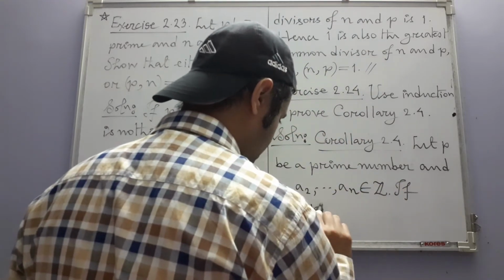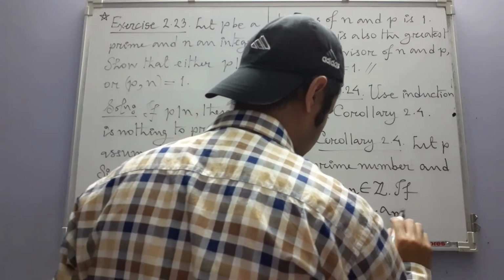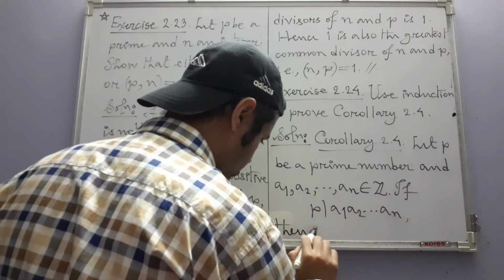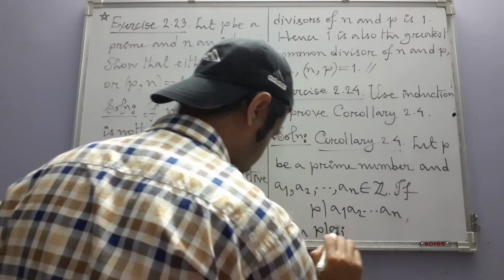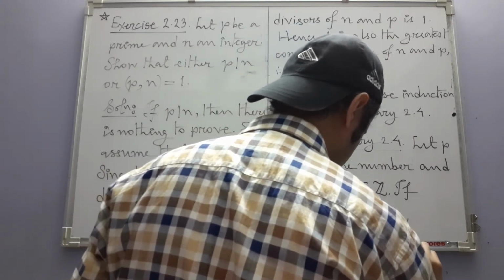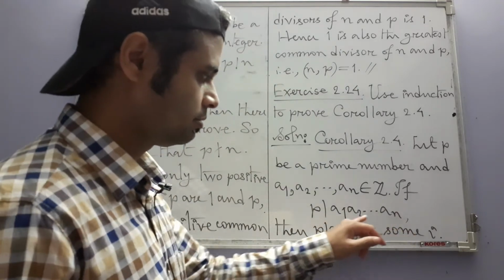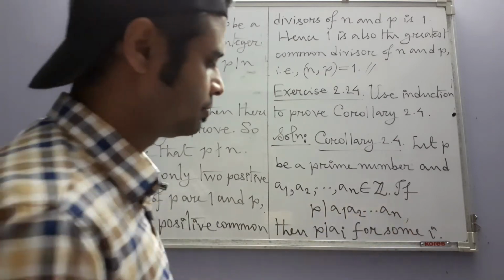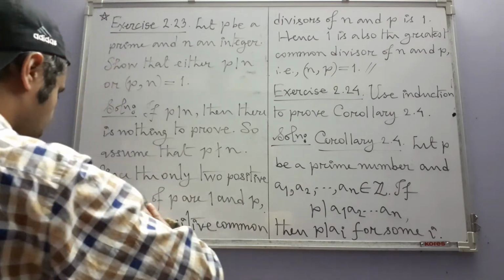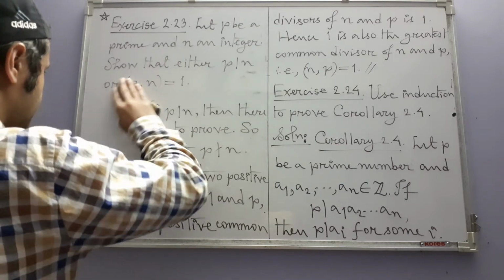If p divides the product of these integers, then p divides ai for some i. For some i means for some i from 1 through n. Among these suffixes, some suffix i for which ai is divisible by p exists.